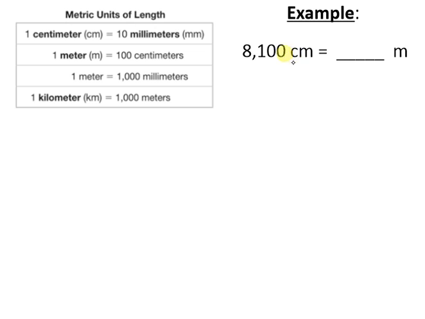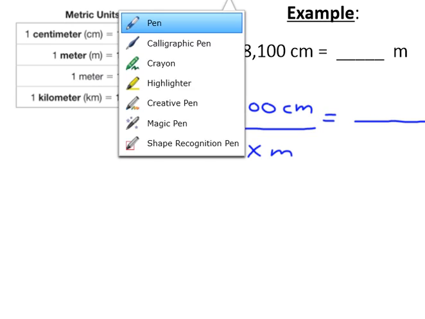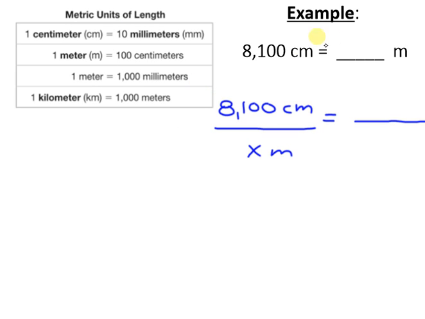All right, next problem. 8,100 centimeters equals how many meters? So 8,100 centimeters over x meters equals. So which line on our conversion chart is going to tell us centimeters and meters? And that's going to be this line right here.